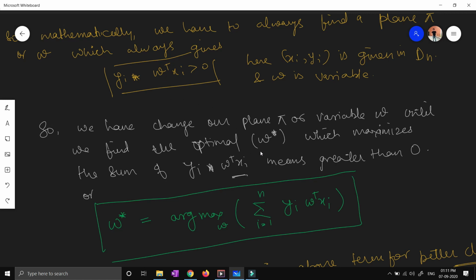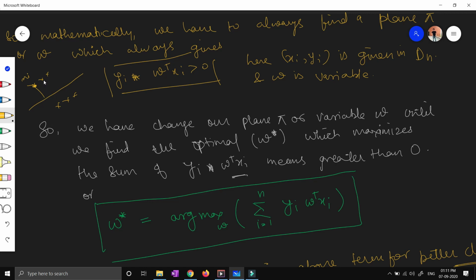The new value of w maximizes the sum of yi into w transpose xi. Why the sum of this particular term? Because I have created a distance from one particular point. If I draw this particular line, these are my points, and you can see that I have created xi only as of now.